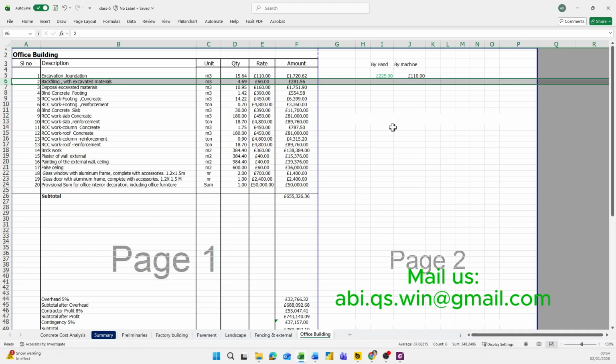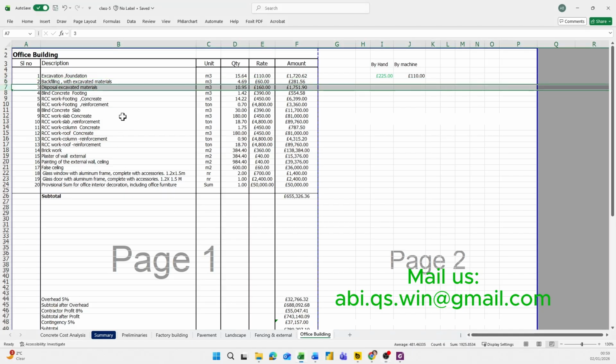Either disposal of excavated material, I consider the disposal about 20 kilometers far away. But you need to ask how far the disposal of excavated material is, 50 kilometers or 100 kilometers, because distance varies the price.